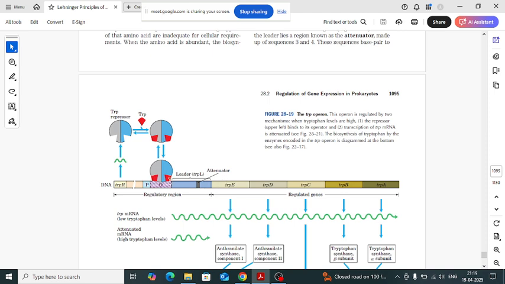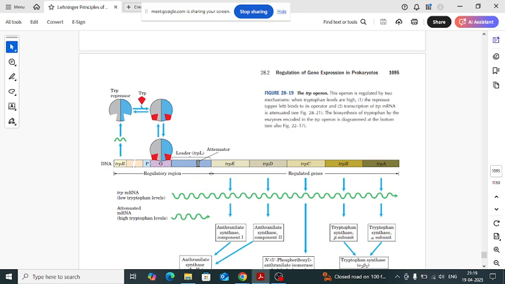Then we can see that there is a promoter region which is overlapping with the operator region, right, which is followed by a leader sequence, trpL, and this leader sequence has an attenuator site, right, where the transcription will be attenuated or stopped, or halted actually, which is followed by the 5 genes which are in the biosynthetic pathway of tryptophan biosynthesis.